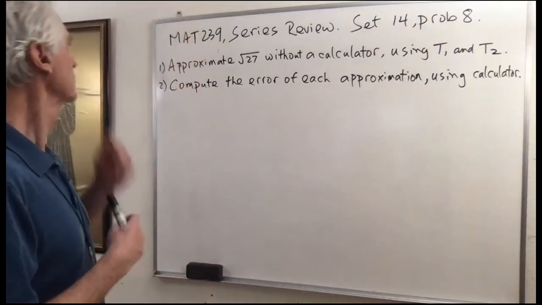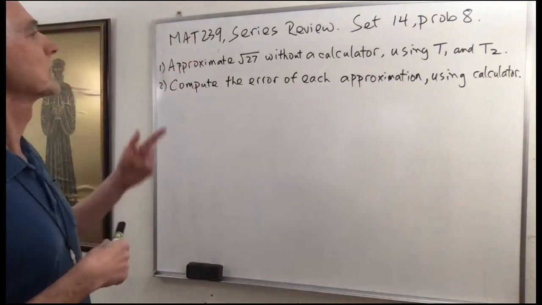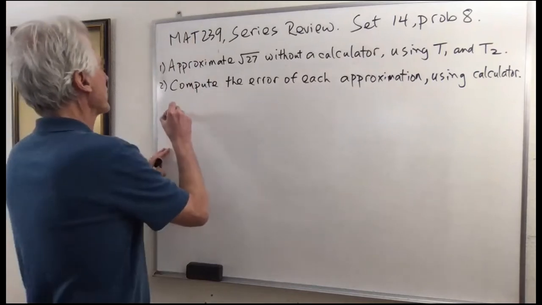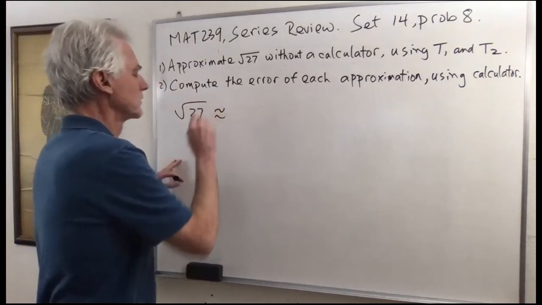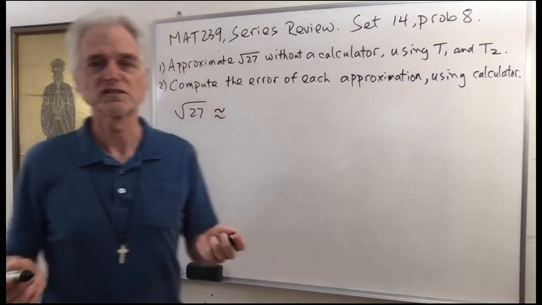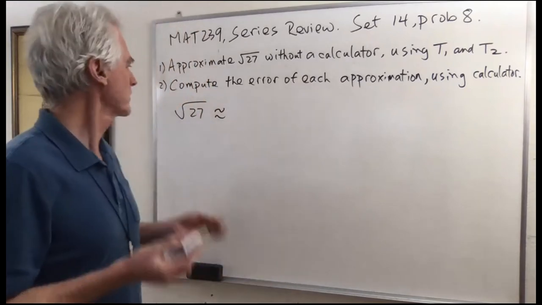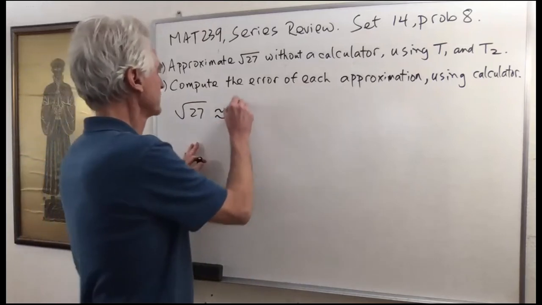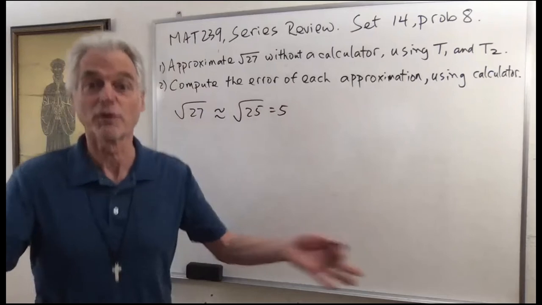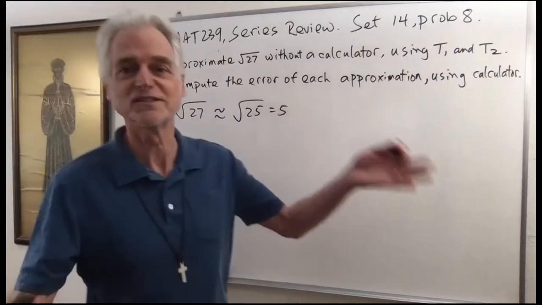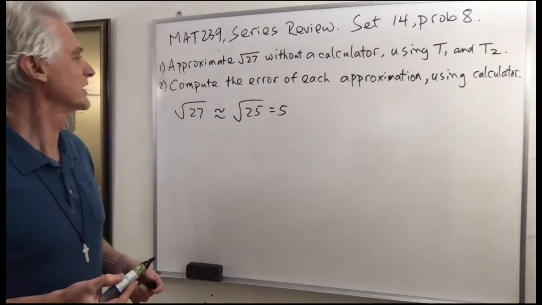Okay, so we want to approximate square root of 27. So the first thing to see is, well, we don't have a calculator, so this is about square root of 25, which is 5, right? That's sort of the zeroth approximation. In fact, that would be T0, we could say here.